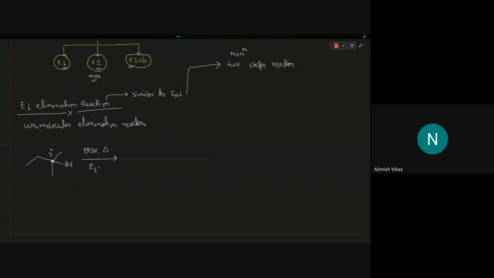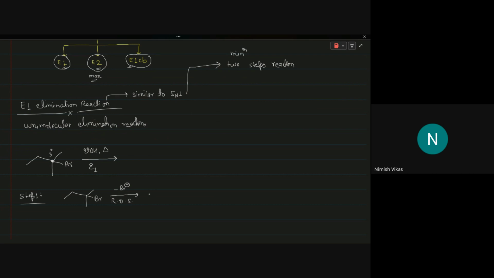Now, how is the E1 elimination reaction going to happen? Let us see the mechanism. In step one of the reaction, which is the RDS of this reaction also, there is loss of this halogen atom. So Br minus will be lost, and similar to SN1, this is also the RDS, that is the rate-determining step of the reaction.